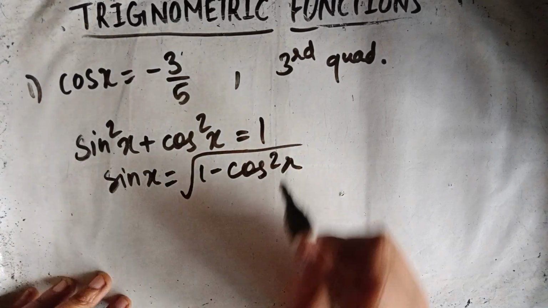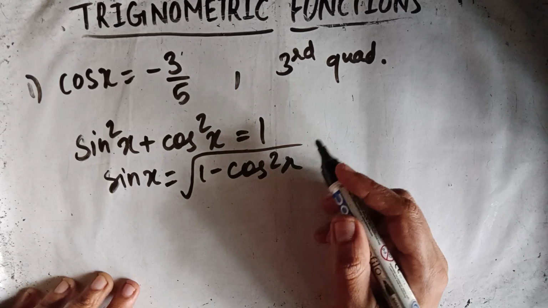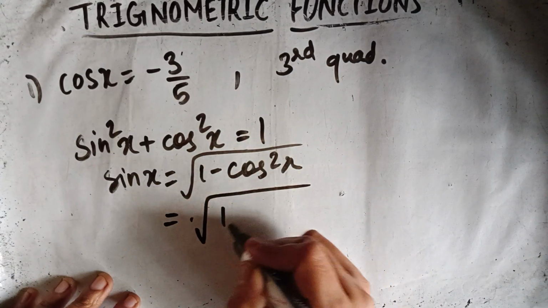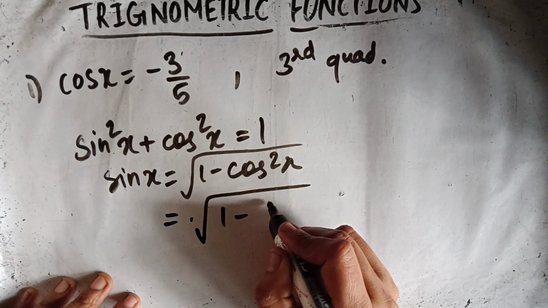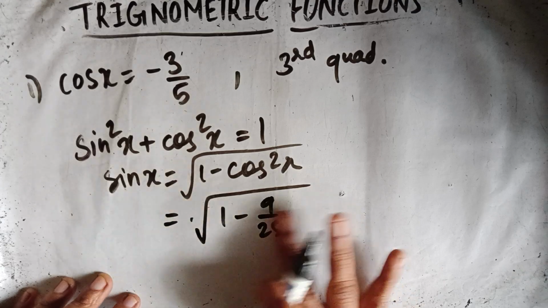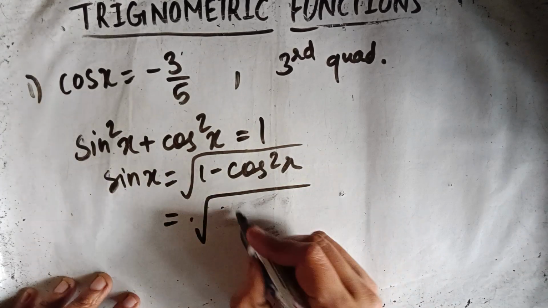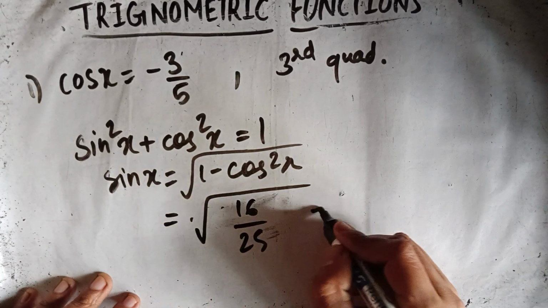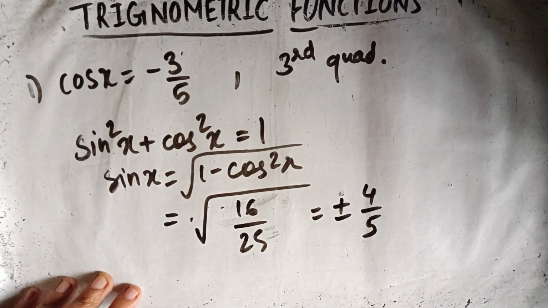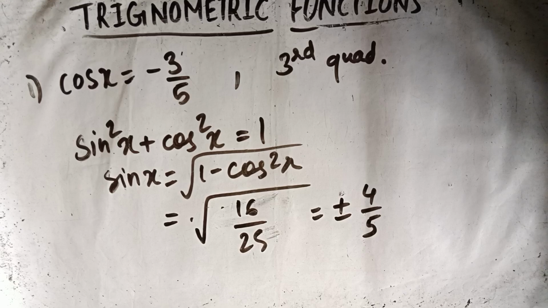So this is 1 minus 3 3 are 9 upon 25. So this is coming to 16 upon 25. So this is plus or minus 4 upon 5. This is your sine of x. And then you can write rest, all the values. Okay, this is one way.